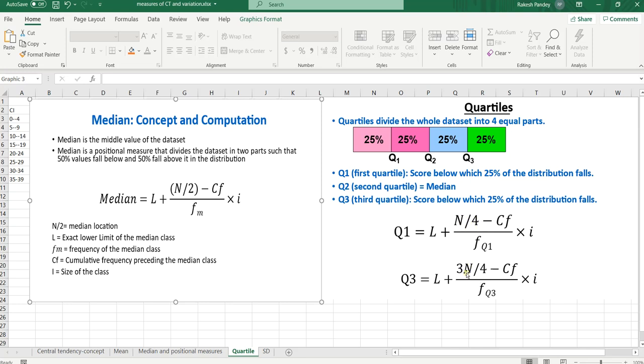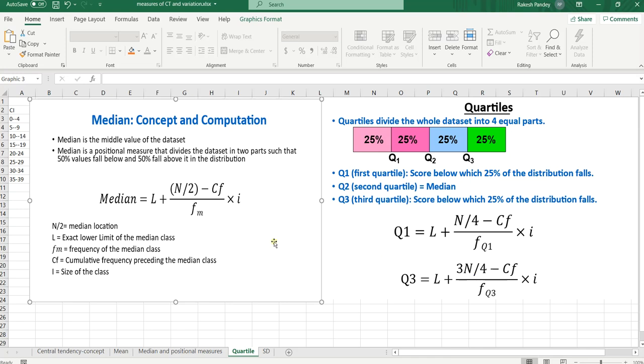So we can also use n into 0.75. This will be the same. But that depends on you, how comfortable you feel in doing computation.